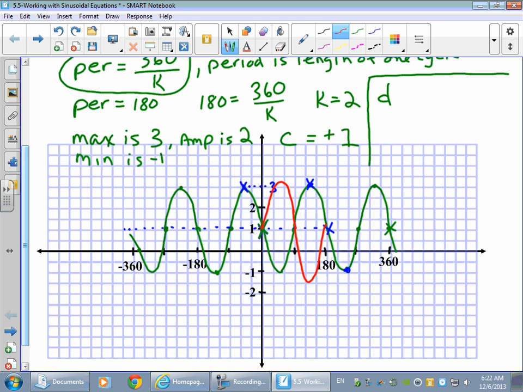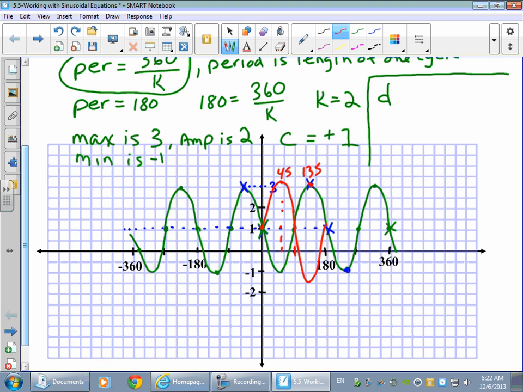This is 180, this is 90. So then halfway between those values would be 45. And now that 45 has gone from there over to this point here, halfway between 90 and 180, which is 135.